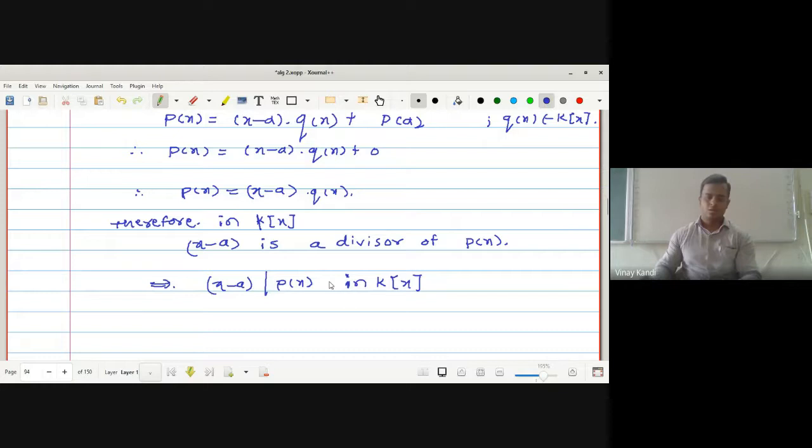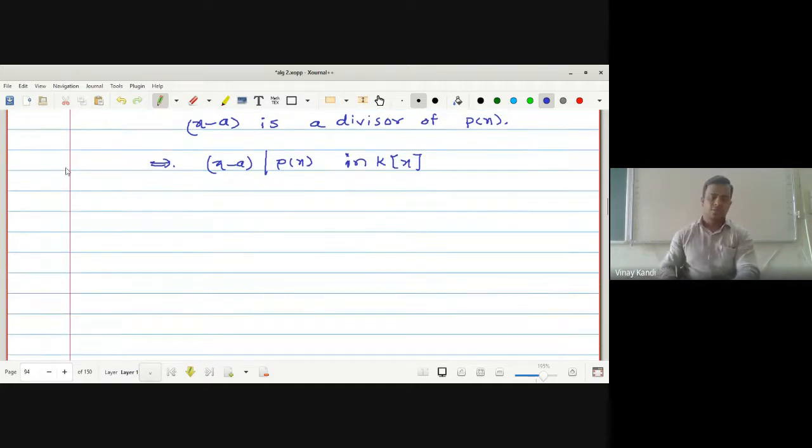So we will see the next theorem on this statement. The proof of the theorem is very lengthy, so we will see it in the next lecture. Write down the next theorem.